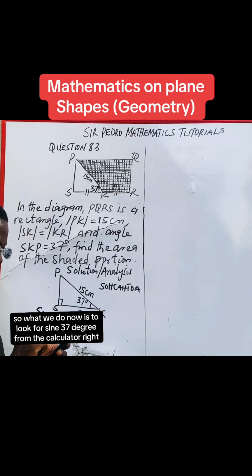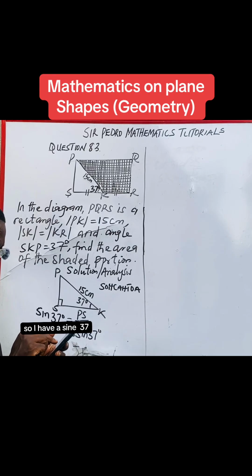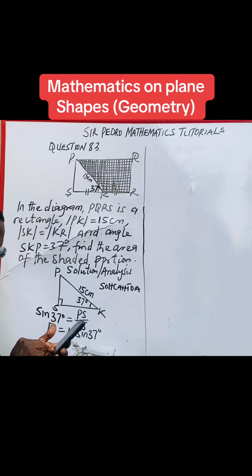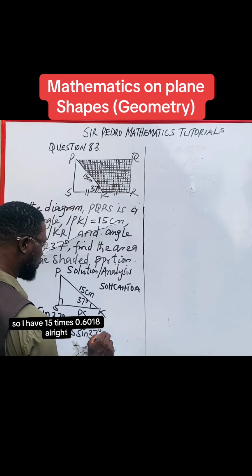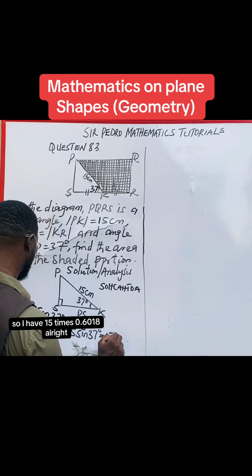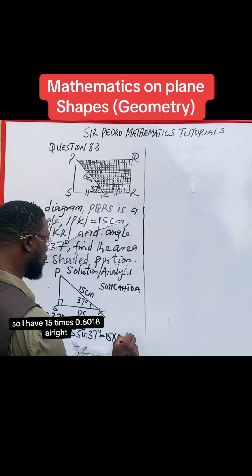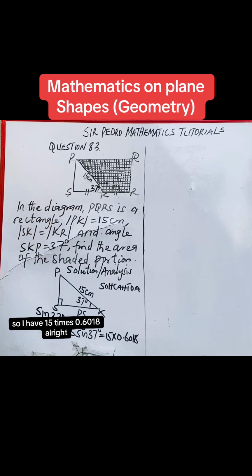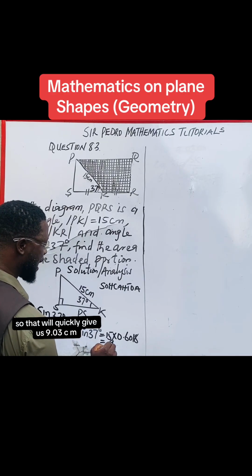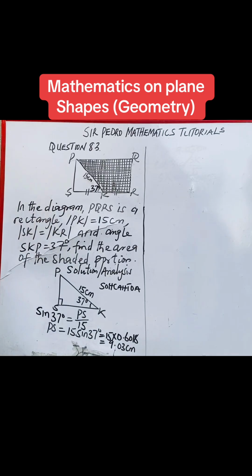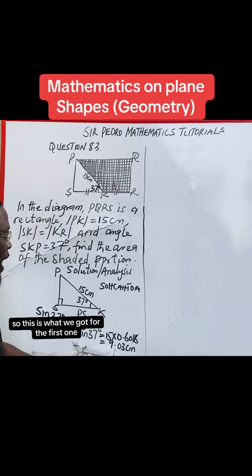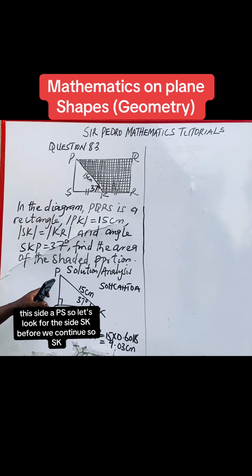Sine 37 is 0.6018, so this will be equal to 15 times 0.6018. That quickly gives us 9.03 cm. So this is what we got for the first one, this side PX.